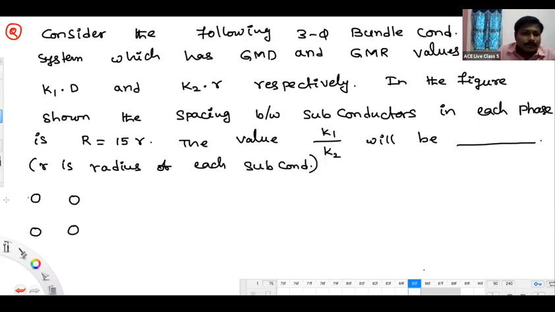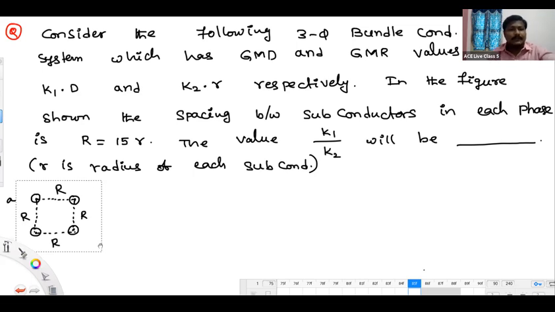Okay, so it's phase A. This gap is capital R. This is also capital R. Small r is the radius of each subconductor. Phase A. Next, I will show phase B and phase C.